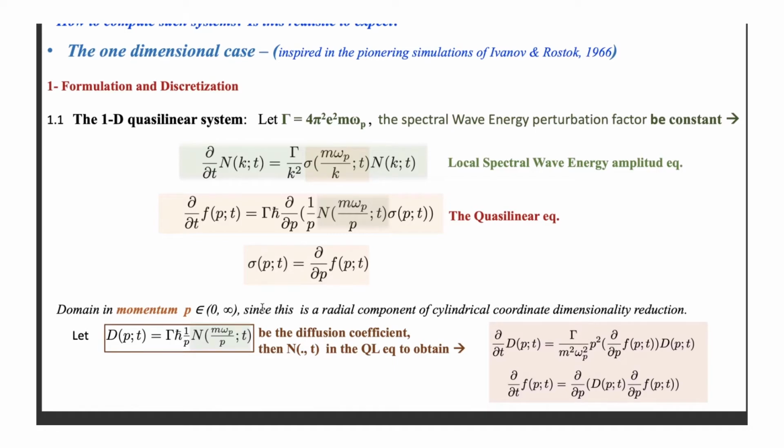But what really matters is that the diffusion coefficient, because it's in 1D, becomes an explicit formula that comes from the solution of this calculation.